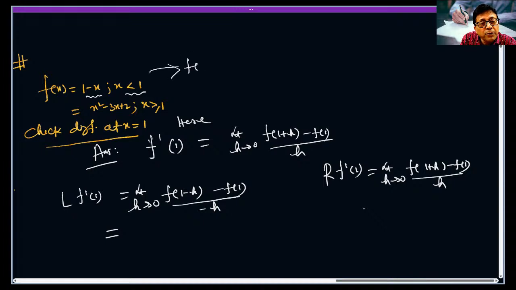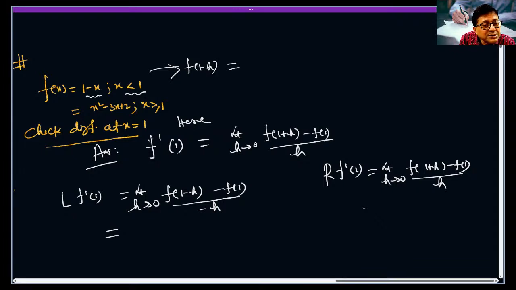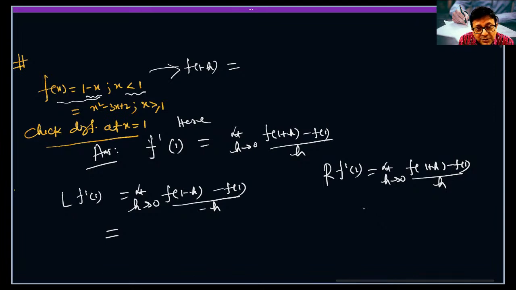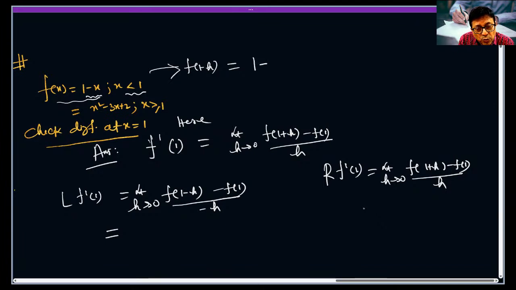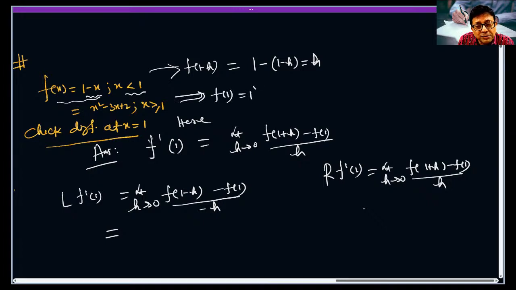How will I get f of 1 minus h? Just use this part of the function, because 1 minus h is less than 1, so this will be 1 minus 1 minus h, which is h. For f1, what will you do? Equal to 1 is given here, so we will be using this part.